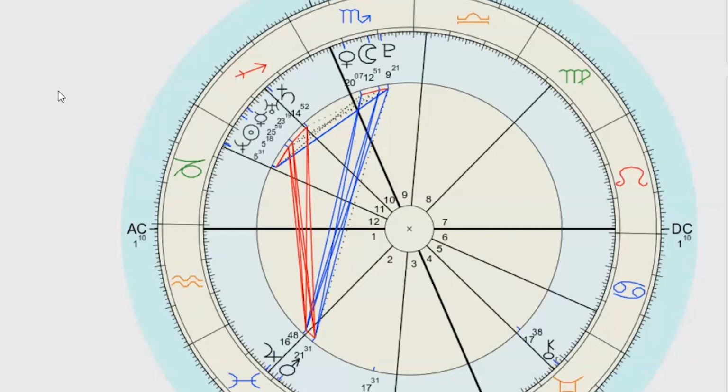So it's interesting for her, she's also at the same time got a progressed Moon moving through, first making a conjunction to Pluto, then to Venus. In her birth chart, her Sun is in Scorpio, so her progressed Moon will later make a conjunction to her natal Sun.